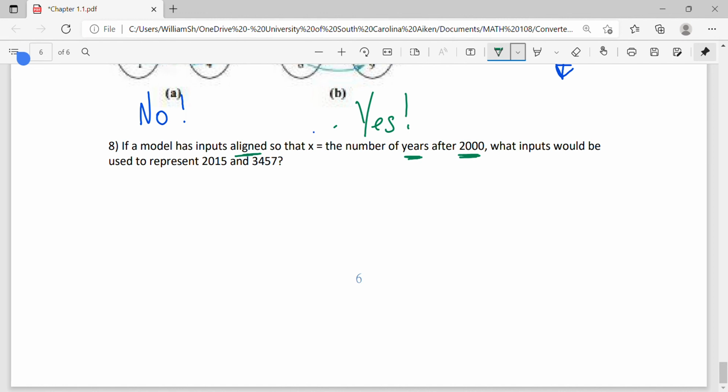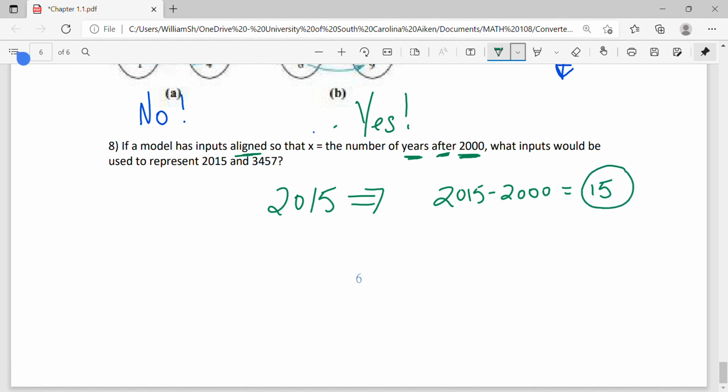For 2015, I wouldn't just use 15. I would have to align it to years after 2000, which means I take 2015 and subtract 2000, and for year 2015, I would just use 15 as my x. That's what I would input into my equation if I needed to.